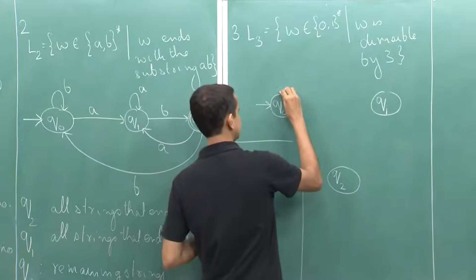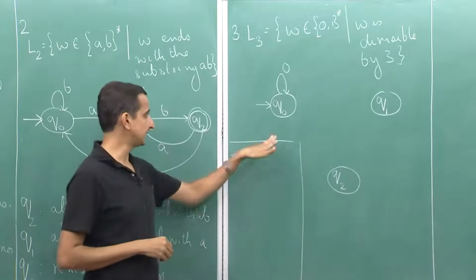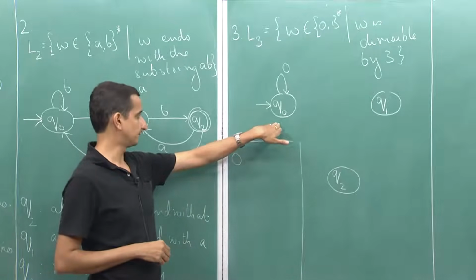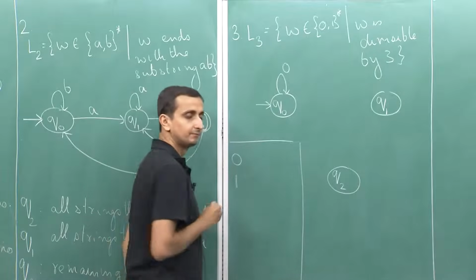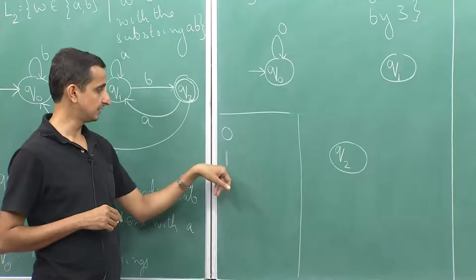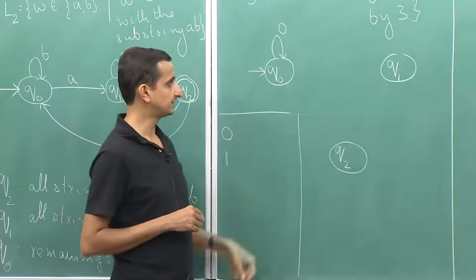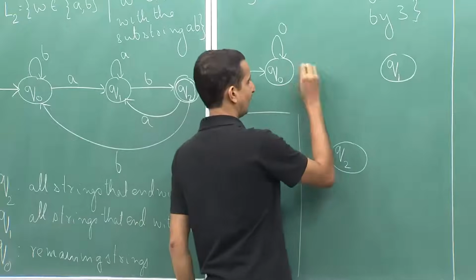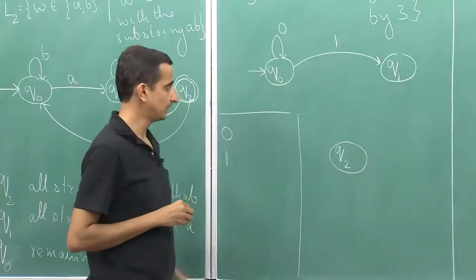So, if I see a 0 or if I see any sequence of zeros, it always means that I get a remainder 0. Now, what happens if I see a 1? Okay. So, from Q0 if I see a 1, it means that the string ends with a 1, in which case it means that when divided by 3 it leaves a remainder 1. So, on 1 I go to Q1.